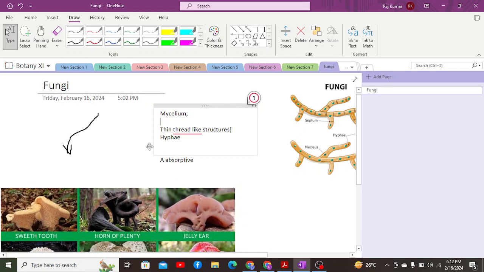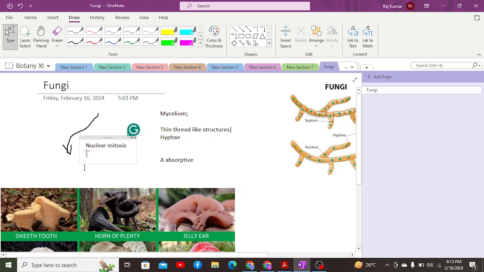Moreover, fungi have a unique characteristic: instead of ordinary mitosis, they have nuclear mitosis, such that there is no degradation of the nuclear membrane during mitosis, and the formation of spindle fibers during the metaphase occurs within the nucleus. So this is a special type of mitosis, known as nuclear mitosis.